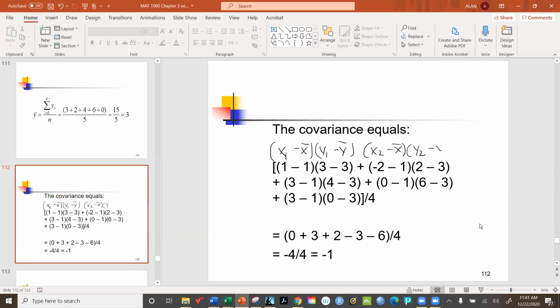This is Y2, and this is Y bar. And it goes on and on, they're all the same, all the way down to 5. I'll write these in here. This is x5 minus x bar. This is y5 minus y bar. So in other words, you're not squaring anything. You're multiplying them one pair at a time. Then you add them up, and then you divide by 4.